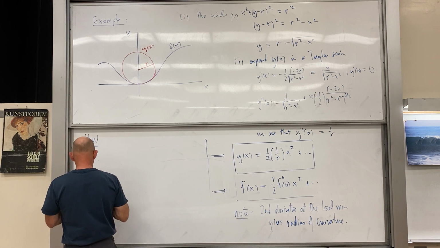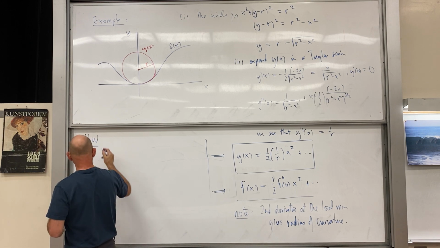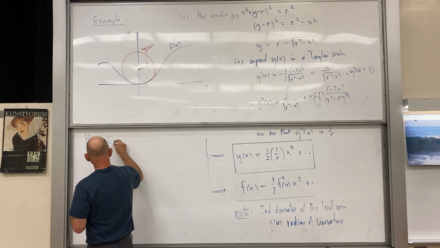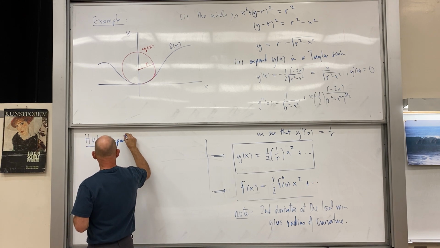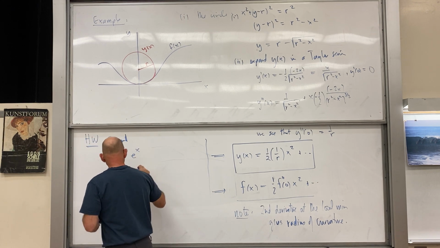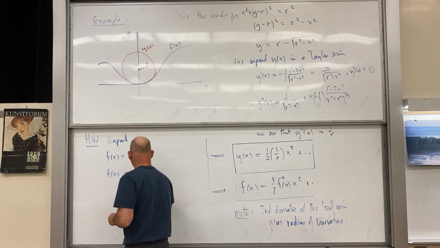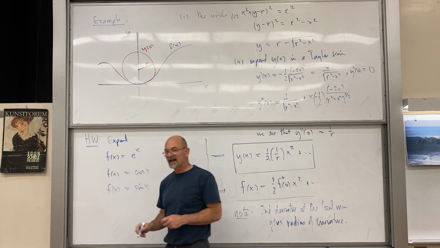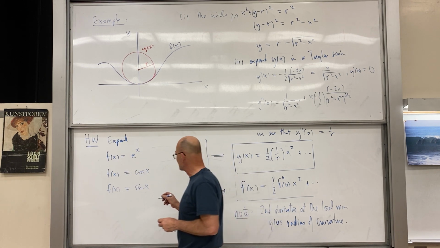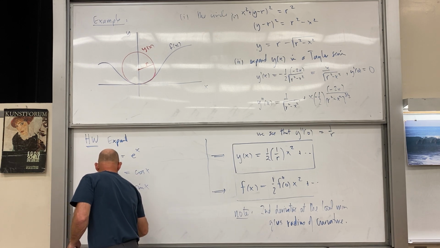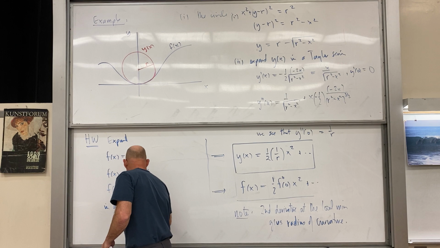So what we want is a couple of Taylor expansions. So expand f of x equals e to the x, f of x equals cosine x, f of x equals sine x in a Taylor expansion, all infinity of them, in Taylor expansion, Taylor series.